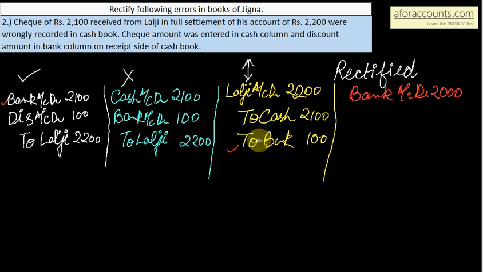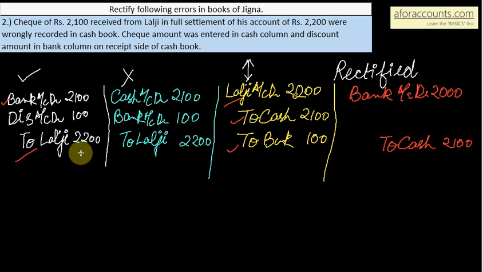Now in credit, now see that in credit to cash. So in debit I don't have anything. So to cash will come as it is 2,100 in your credit. Now Lalji account here debit 2,200 and 2,200 in credit. So cancel Lalji's account because 2,200 in debit and 2,200 in credit.